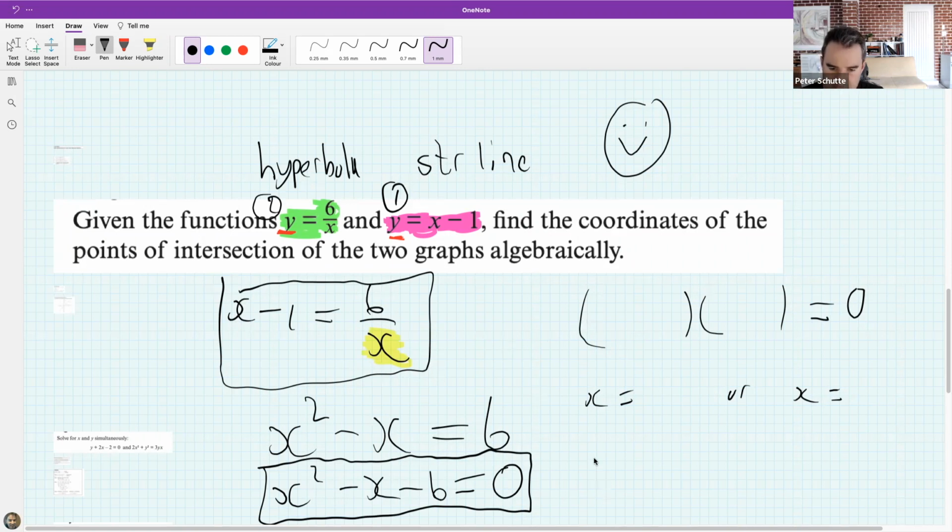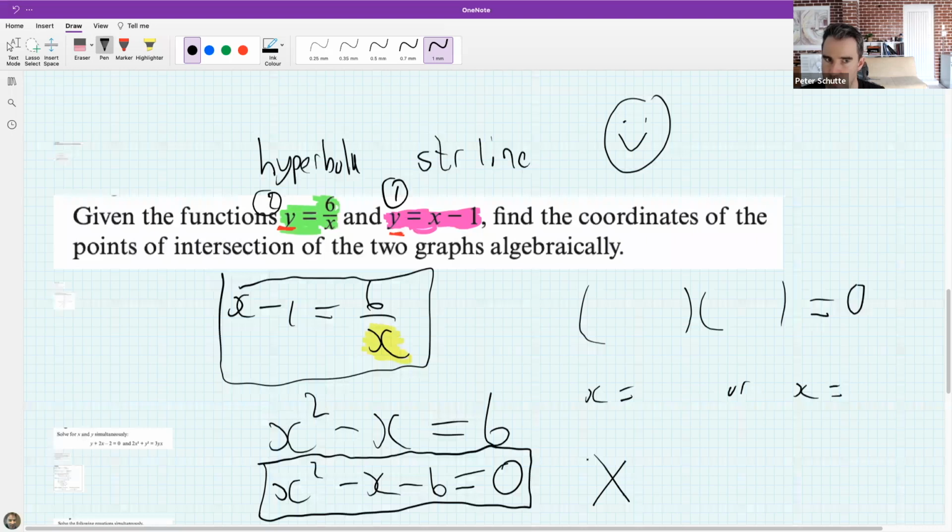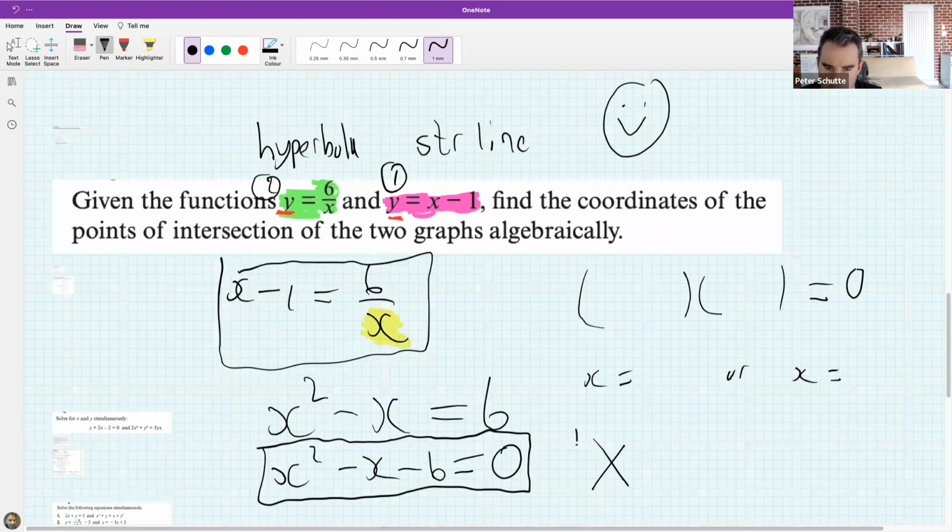So if we factorize this using the cross method that I showed in lesson 1 and lesson 2, or we can use the formula, we'll get the same answer. So minus 3.